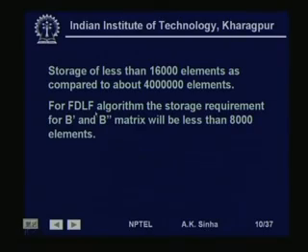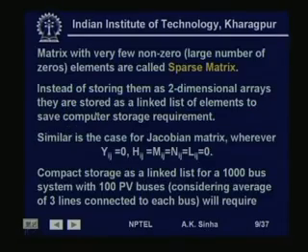Because here each of these matrices H, M, N and L will be having only about 4000 or less elements. Therefore, the total number of non-zero elements in this system will be only of the order of 16,000 as compared to 4 million.